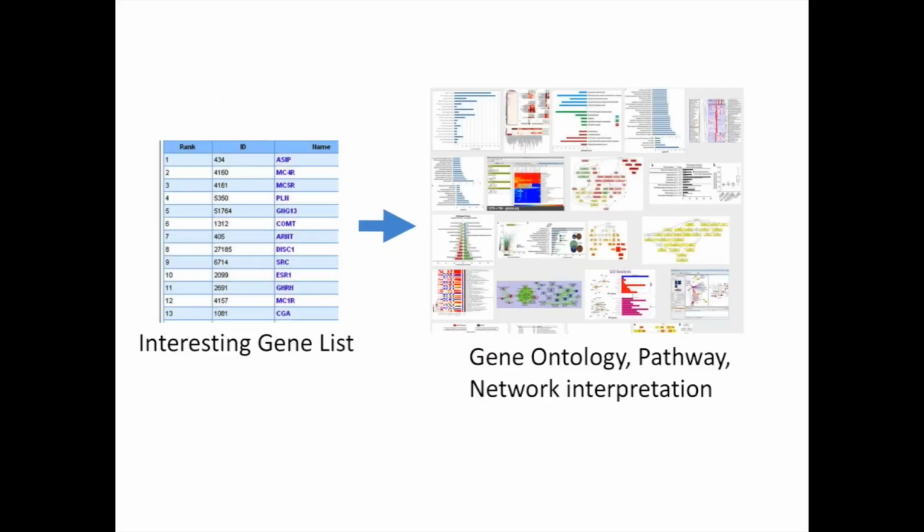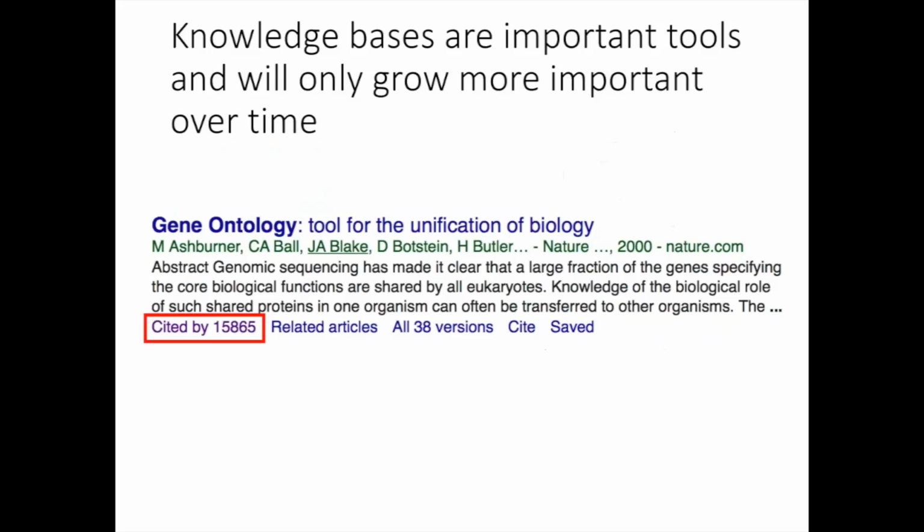You apply some interesting statistical algorithms, and I'm not going to go into detail on this, that take advantage of the gene ontology knowledge or biological pathways or other kinds of knowledge bases, which are ultimately very much the same kinds of ideas. And that turns into one of those pretty pictures you see on the right that gives you a very rapid way to understand, at least at the surface level, what's going on in the experiment that produced that list of genes. And this has become a very important part of how we do biology now.